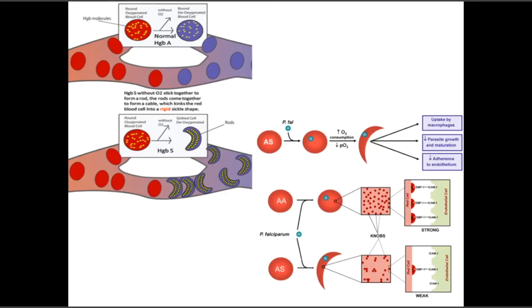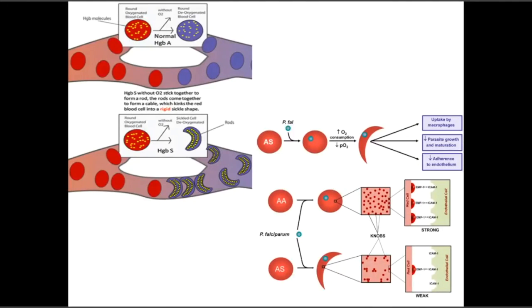However, individuals who are AS express both types of hemoglobin. So when the plasmodium enters the red blood cell, a side effect of the malarial infection is increased oxygen consumption within the cell. The increased consumption of oxygen by the plasmodium causes the red blood cell to sickle, causing a weak bonding affinity.